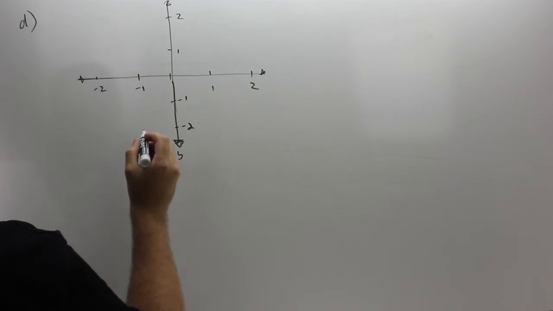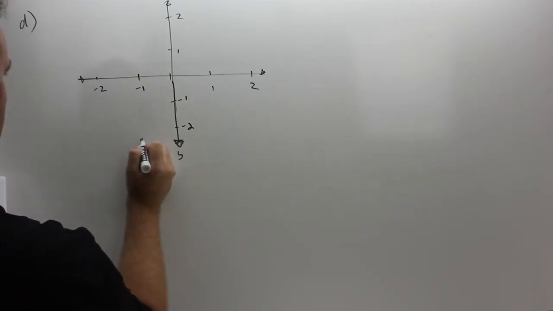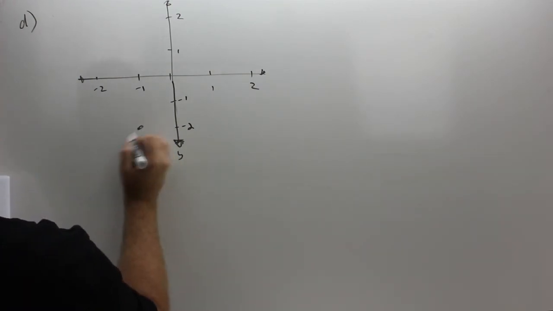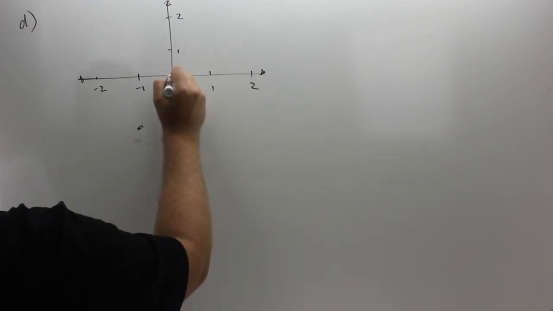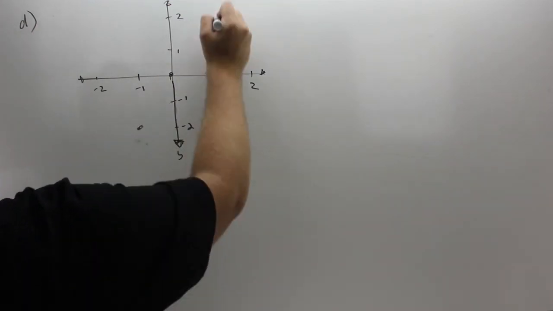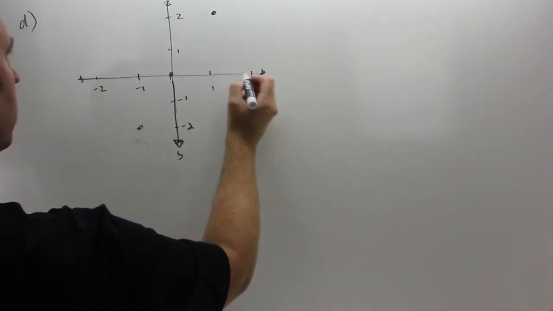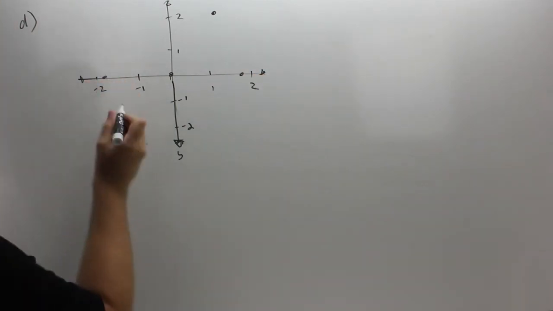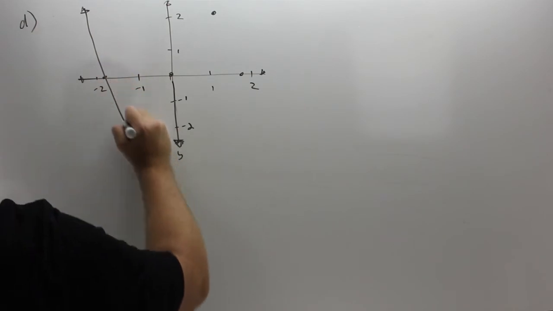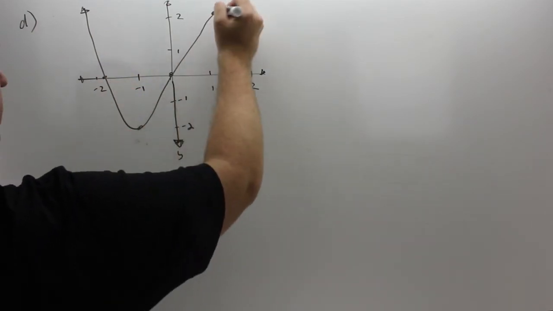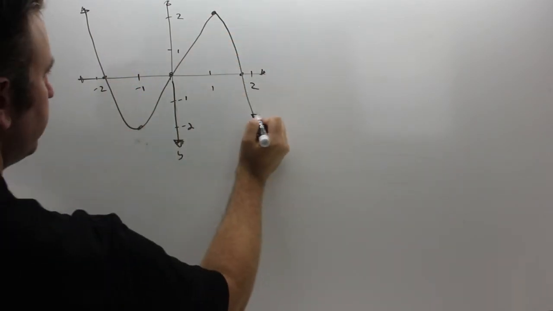The key points along here are -1, -2, somewhere around here, 0, 0, 2, 1, 2, and then around there. So this one here, we're going to have to get kind of approximate with what we're doing here. It doesn't give us exact points, unfortunately.